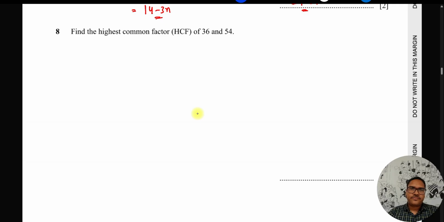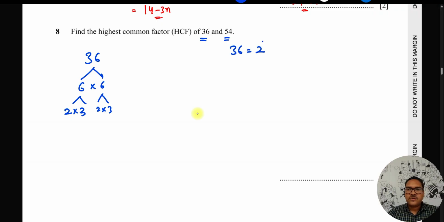Now, find the highest common factor of 36 and 54. What we can do is factorize 36 into prime factors: 6 into 6, and 6 is 2 into 3, this is also 2 into 3. So basically 36 is 2 square into 3 square.